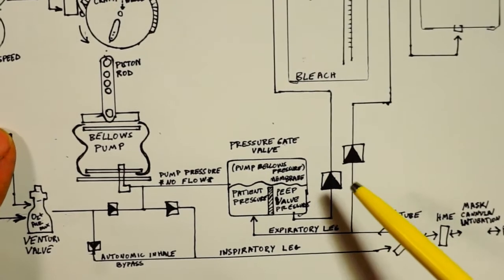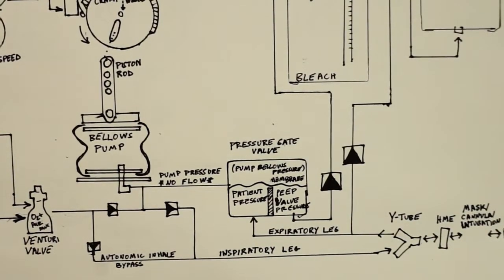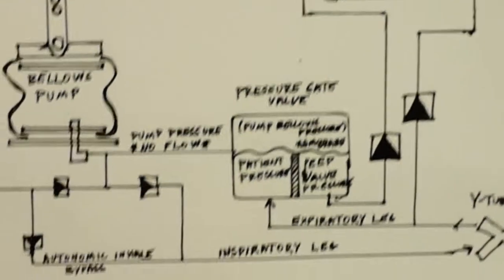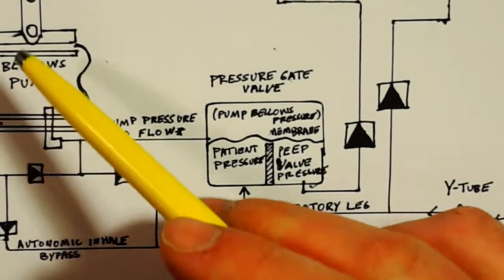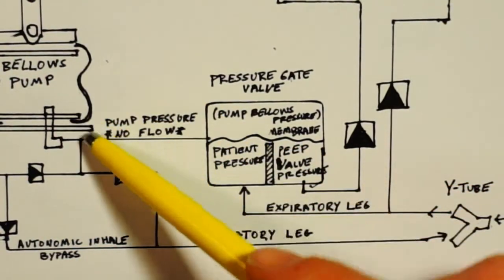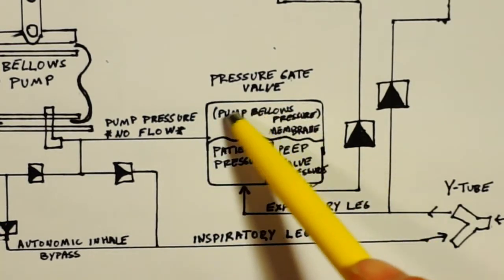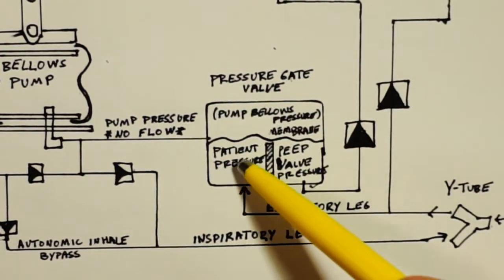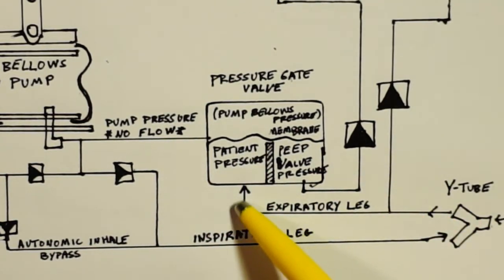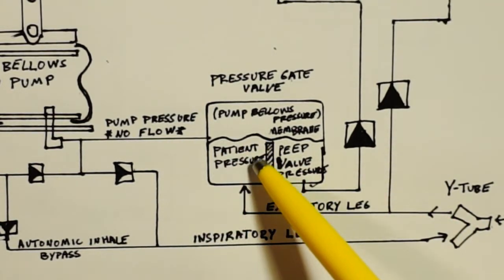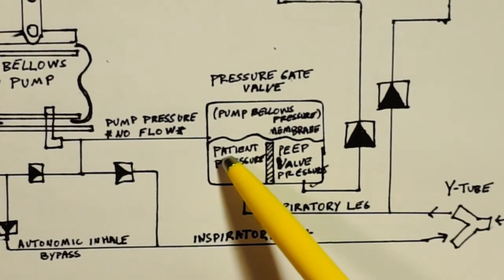Let's take a look again. So what's happening here is during the inhale cycle, the pump is compressing, pushing high pressure onto the top of this membrane, and actually an equal pressure through this tube and back into the patient pressure chamber.